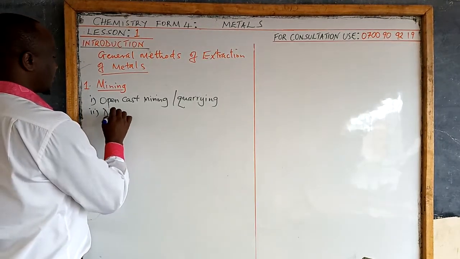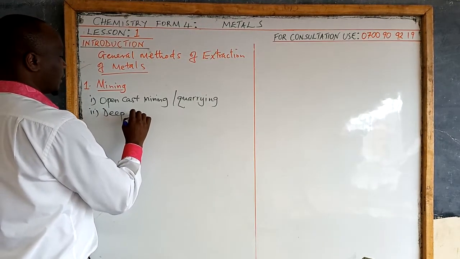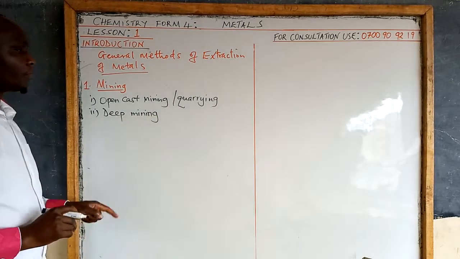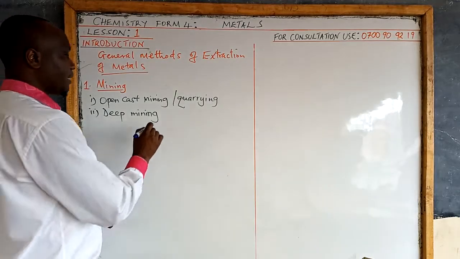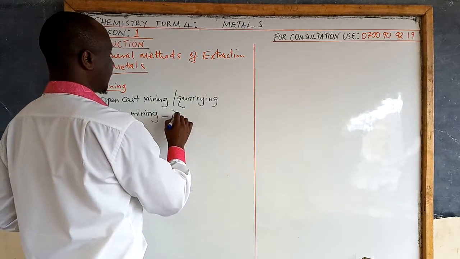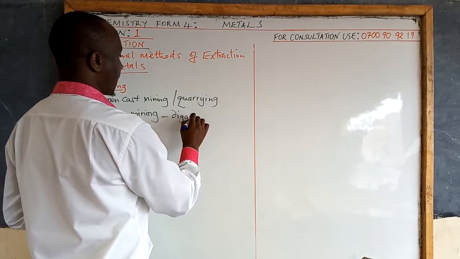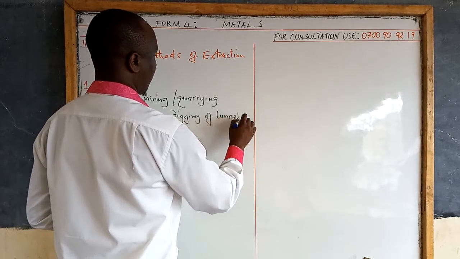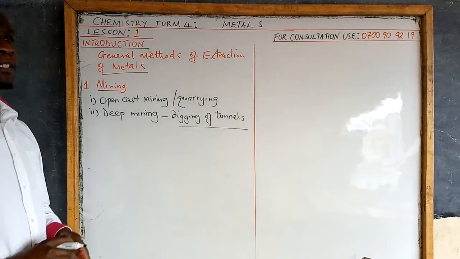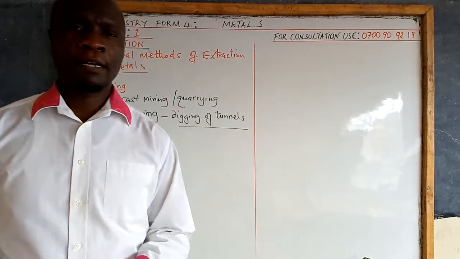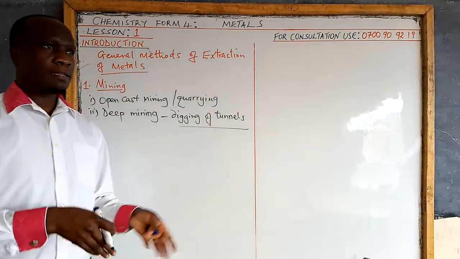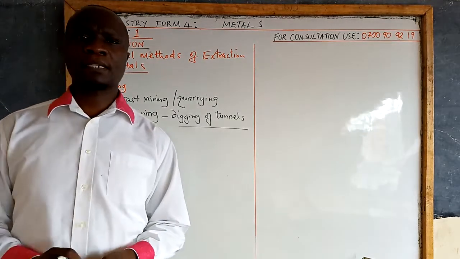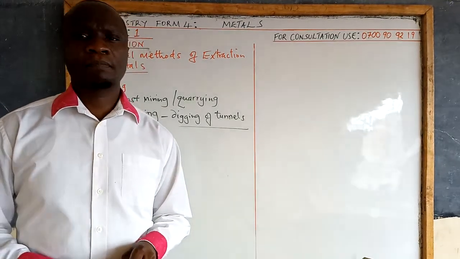Those ones, the method used is called deep mining, and deep mining will mostly involve digging of tunnels, dug until you reach where the mineral deposit of that particular metal is.